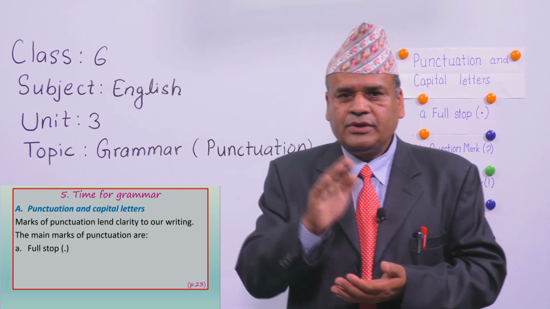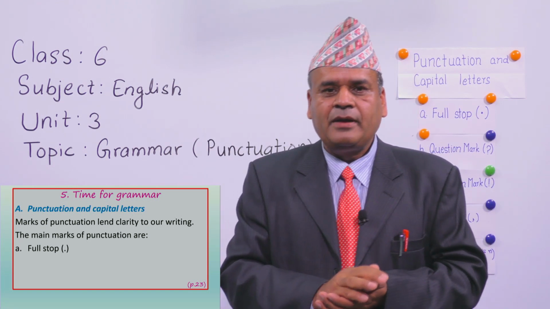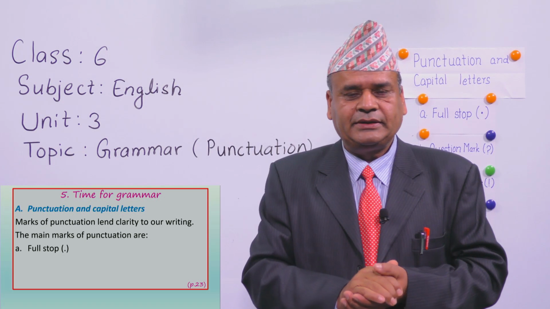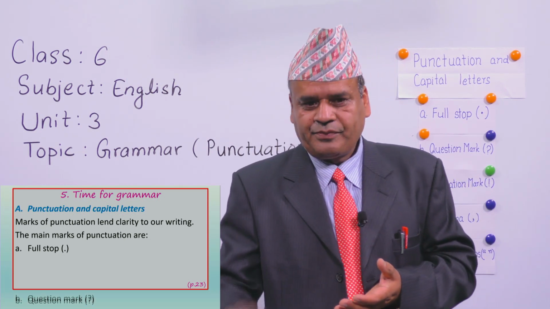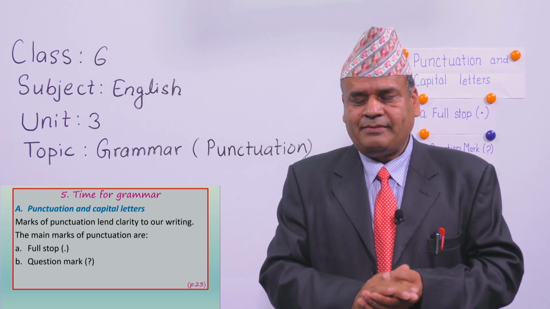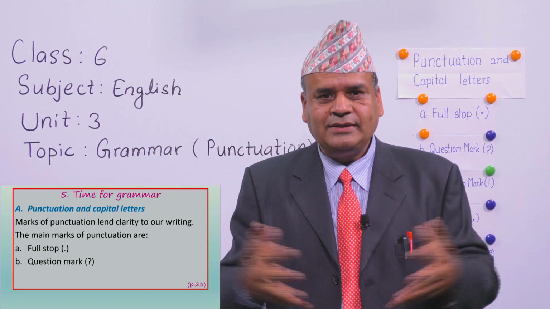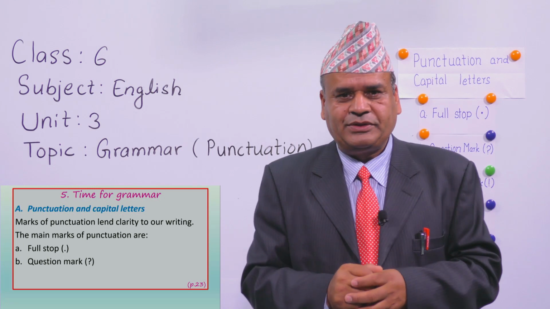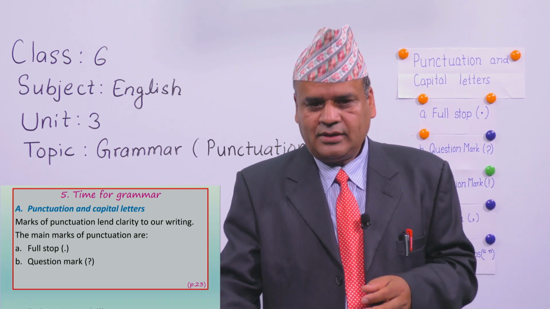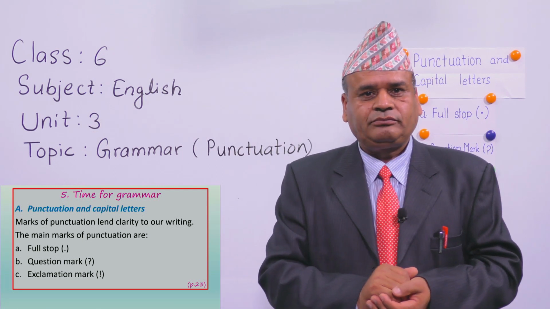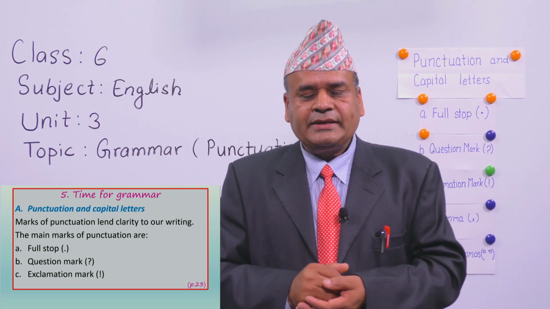A full stop comes after a sentence that normally starts with a subject, that is a statement. Okay, full stop. And next is question mark. When we ask questions, at the end of the sentence, we give this mark, this is a question mark. And similarly, exclamation mark.